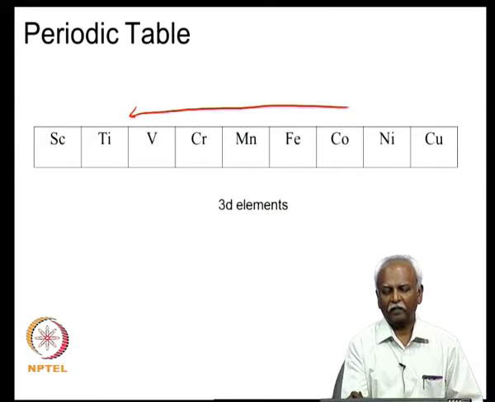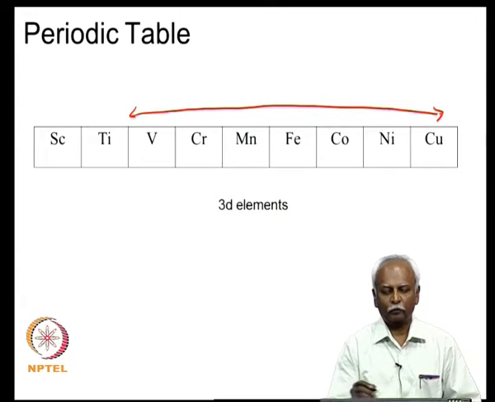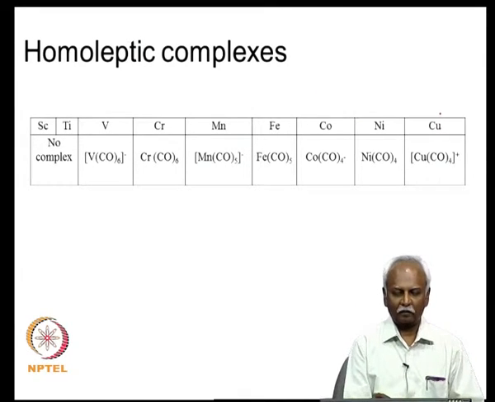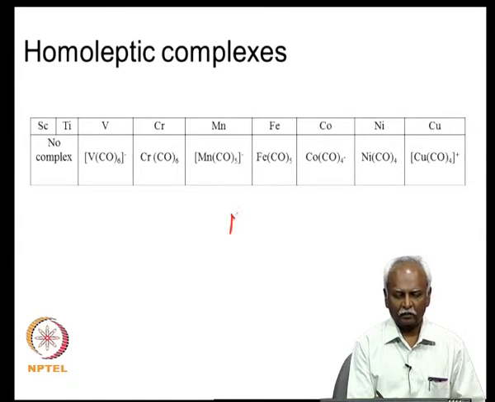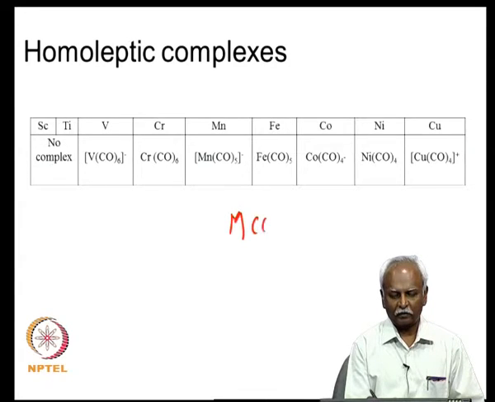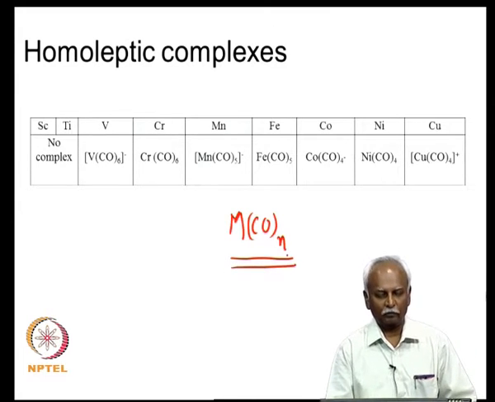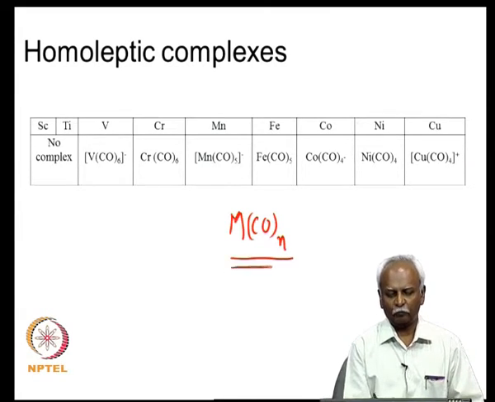So, from vanadium to copper, you do have frequent occurrence of carbon monoxide complexes, and we will see in a moment why this is the case. All of them are capable of forming homoleptic or M(CO)n complexes. So, these are complexes which have M(CO)n. Many copies of the same ligand are found in the coordination sphere of the metal.